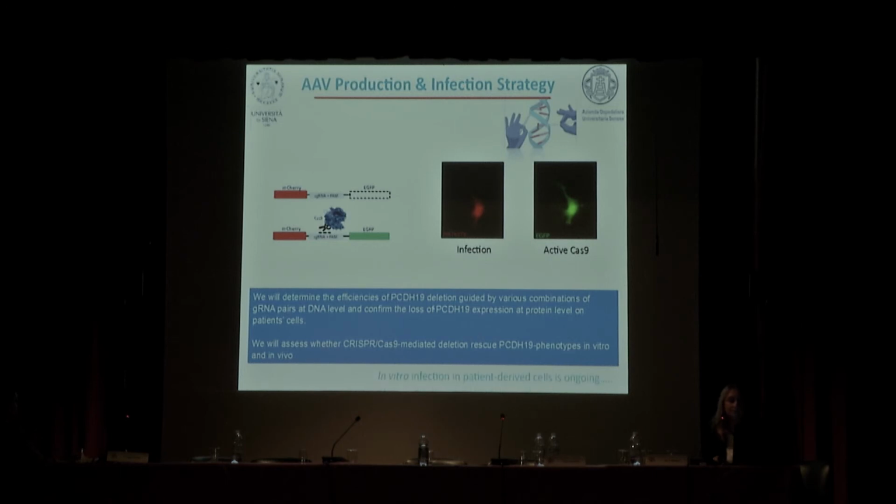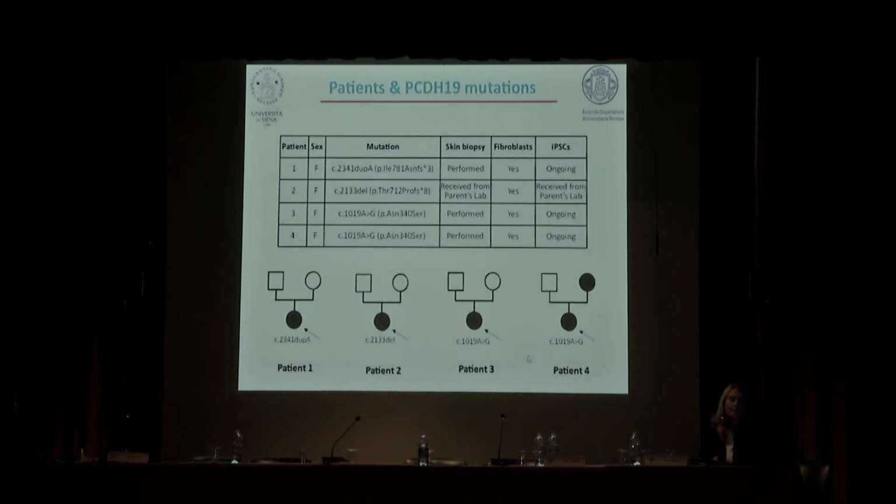At the moment, the in vitro infection in patient-derived cells is ongoing. Specifically, we have fibroblasts from 4 different patients with the listed mutation, in which we would like to test our approaches.